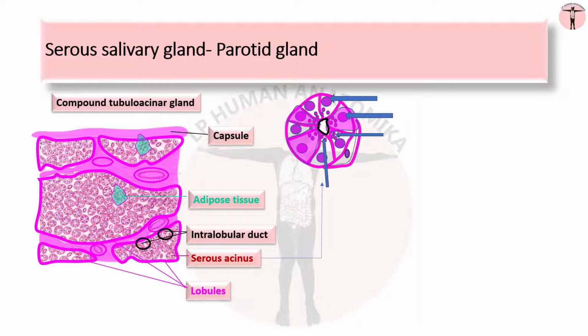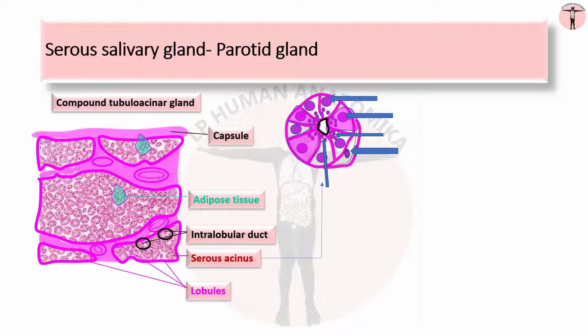Small secretory granules are visible in the cell apices called zymogen granules. The number of secretory granules in these cells varies with the functional activity of the gland. The serous acini are also surrounded by thin, contractile myoepithelial cells located between the basement membrane and the serous cells. Usually, only their nuclei are visible.